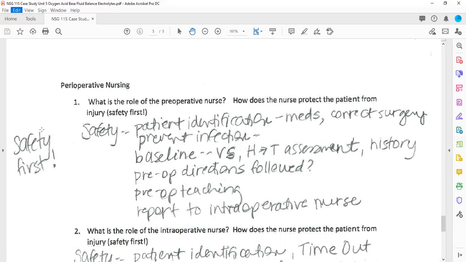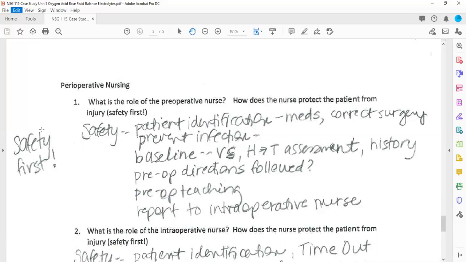Pre-operative. So safety could be patient identification. We're identifying the patient if we're giving them medications, if we're doing procedures like starting an IV, and helping to identify that this is the right person that's going to surgery, right? So the physician could be coming in and initialing or marking the surgical site. We want to make sure that they've identified the patient correctly.